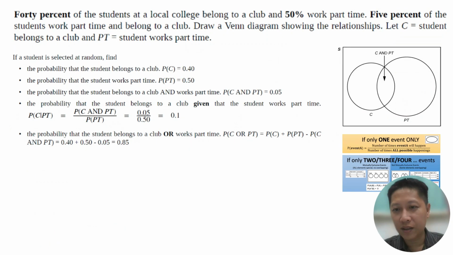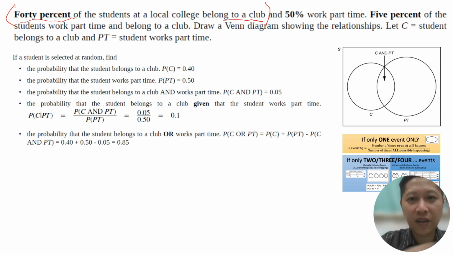We shall look at the last example here. We are given 40% of the students belong to a club, and 50% work part-time. And then we have 5% of the students who work part-time and belong to a club.